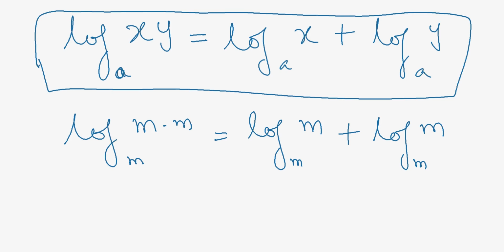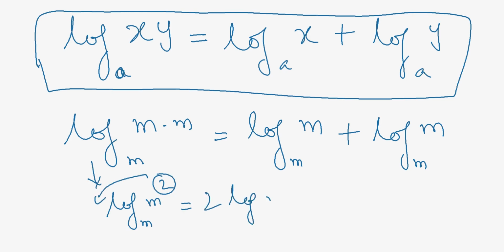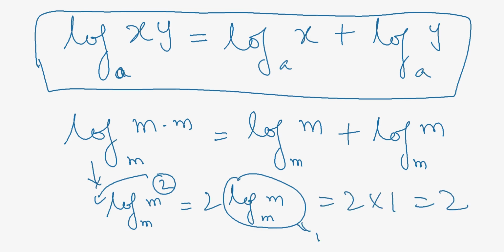Like this, we proved it because we know that this can be written as log m squared to the base m. This is nothing but 2 brought to the front, 2 log m to the base m, which is actually equal to 1. So 2 multiplied by 1 is 2.